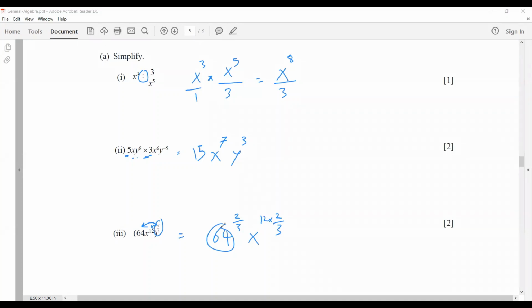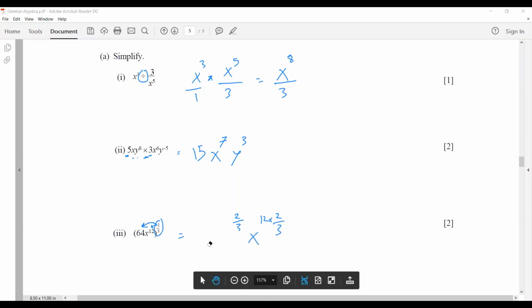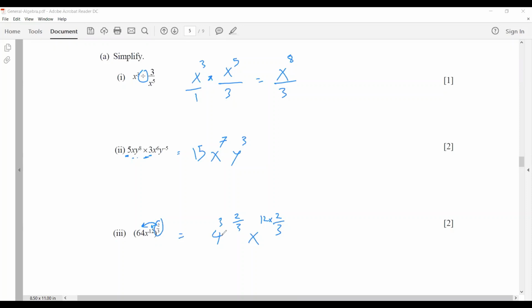If you recall, in chapter 1, I told you to memorize the square and cube of famous numbers such as 2, 3, 4, and 5, right? The first 5 digits. So 4 to the power of 3 is actually 64, okay? So you can rewrite it as 4 to the power of 3. And then we are left with this 4.